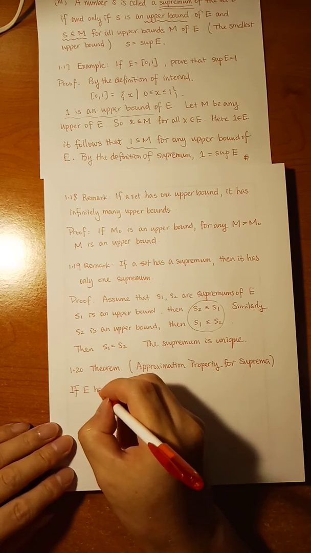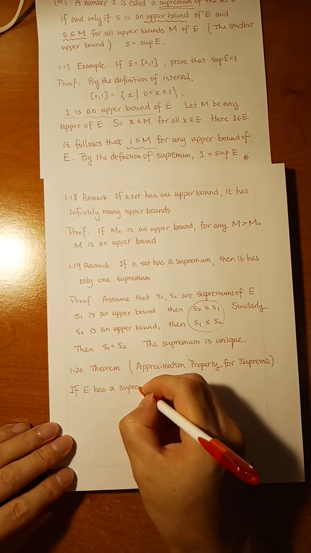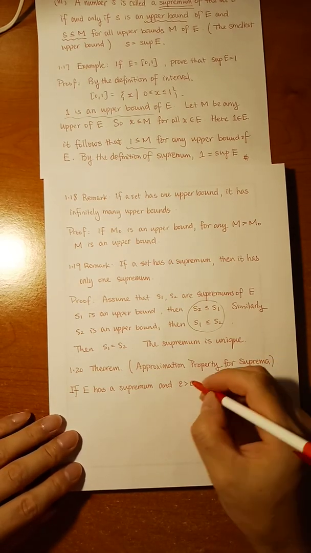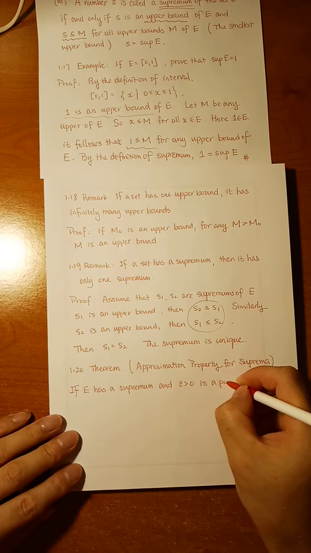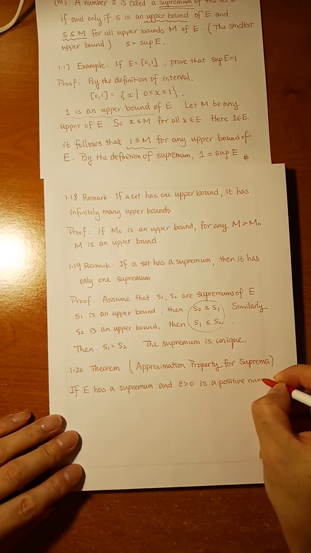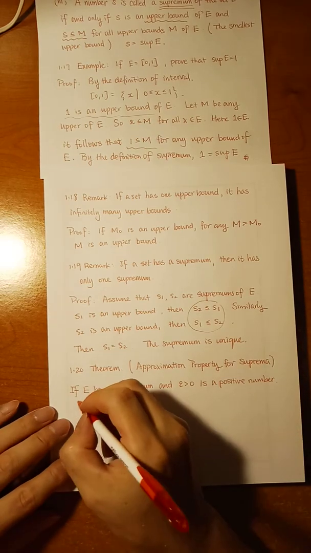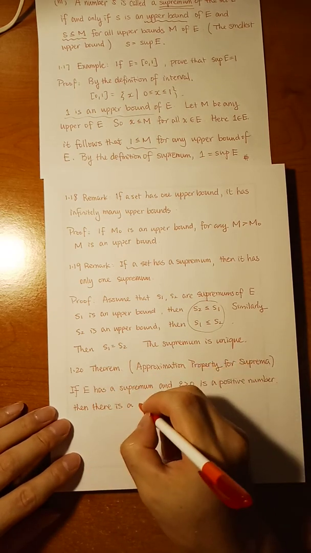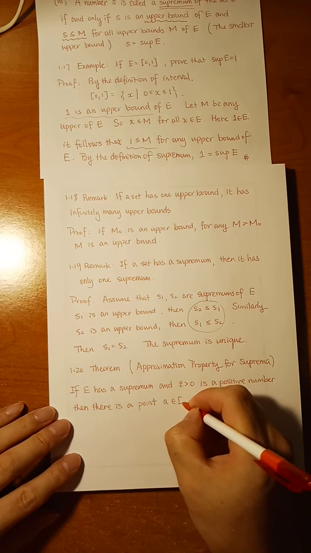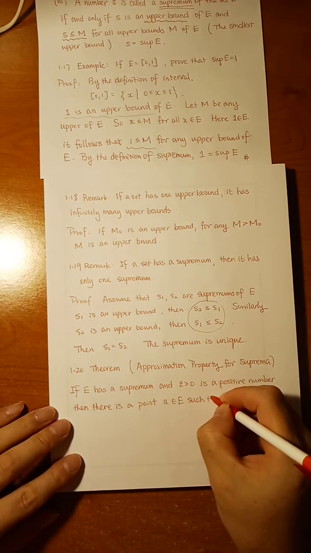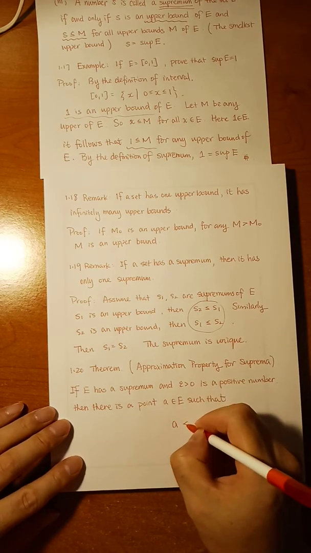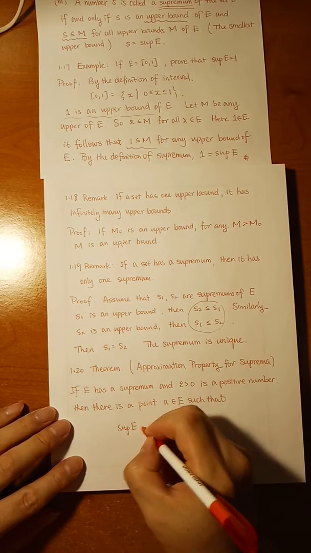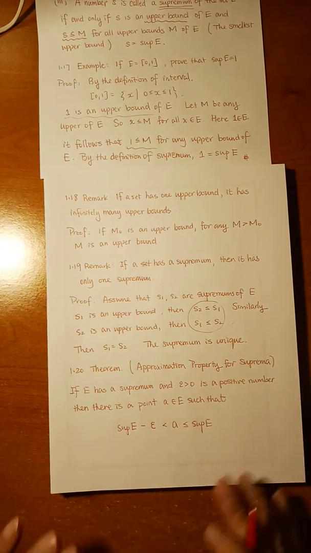If E has a supremum and epsilon is greater than 0, a positive number, then there is a point A in E such that A is less than or equal to the supremum and is greater than the supremum minus epsilon. So it can be very close.